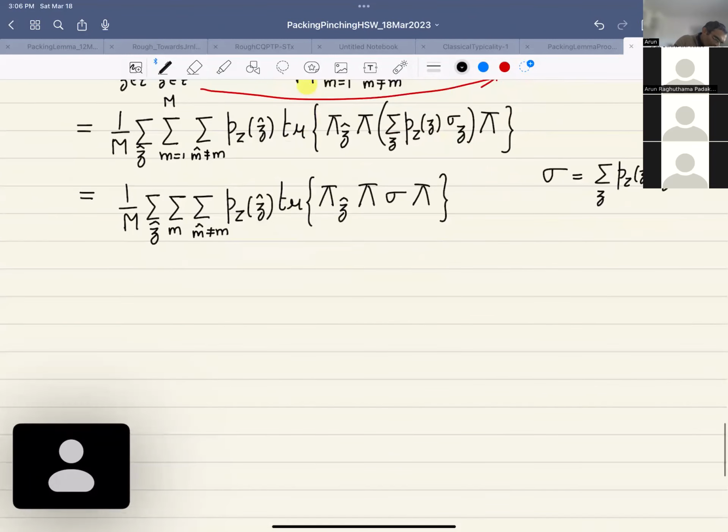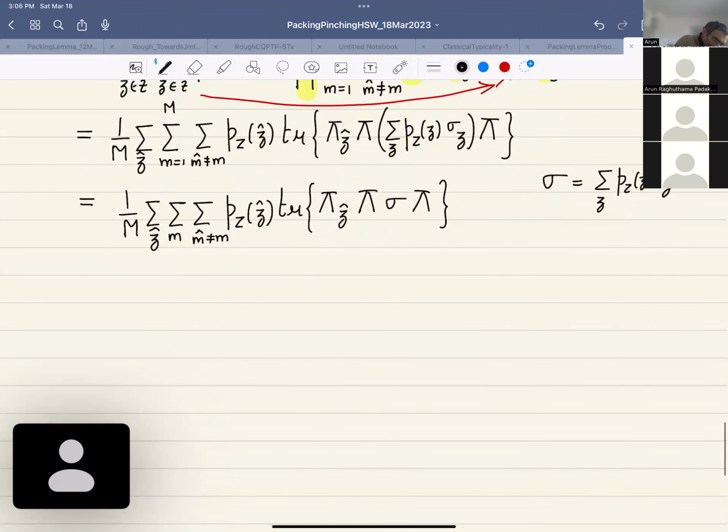Now we have one hypothesis, that pi sigma pi is at most 1 by capital D times pi. This is the fourth hypothesis. So we will use that, and we will dominate the term on the right. That is the last of these operators.